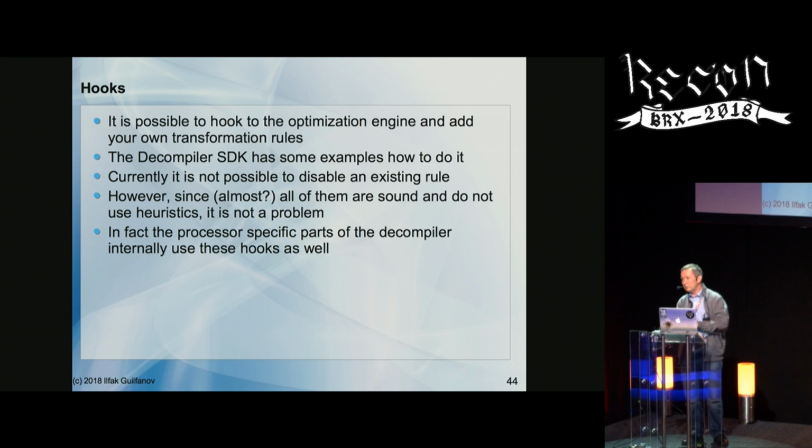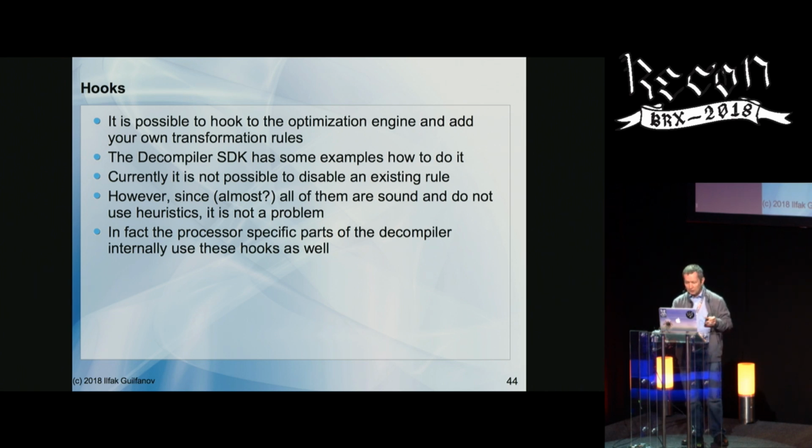Currently, it is not possible to affect the rules that already exist in the compiler, so they are always active, you cannot disable them, but we will see if it becomes really a problem or not. I hope that it's not really a problem.